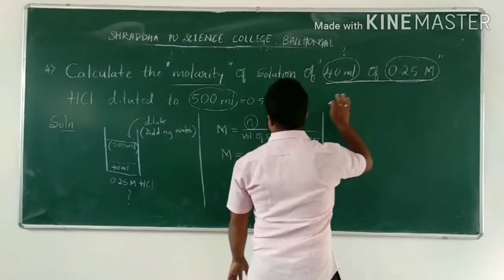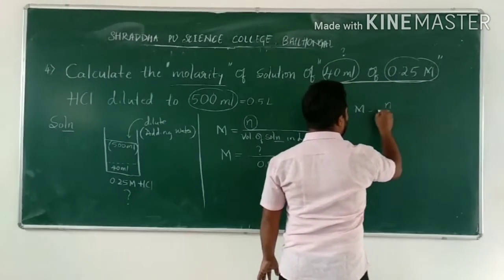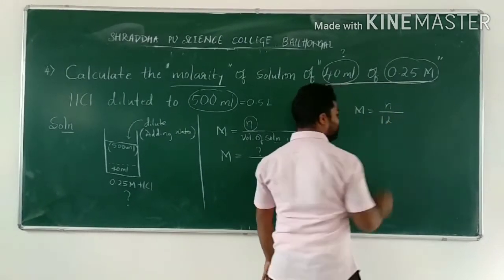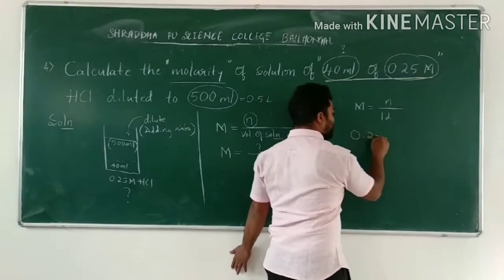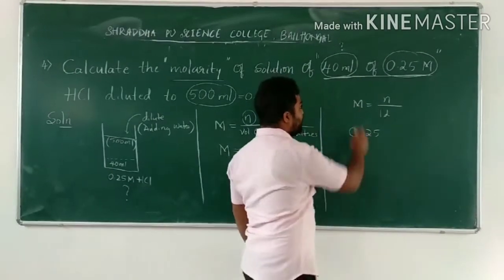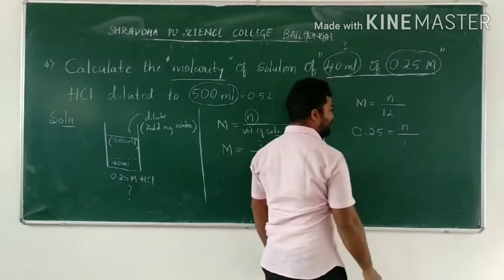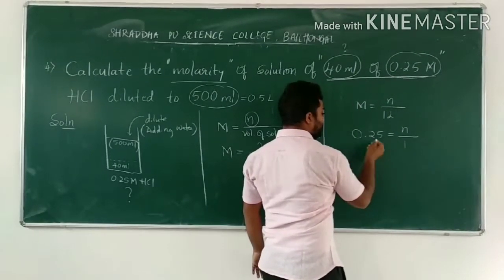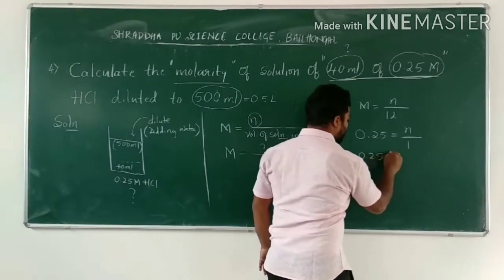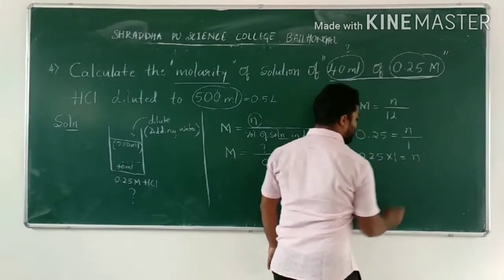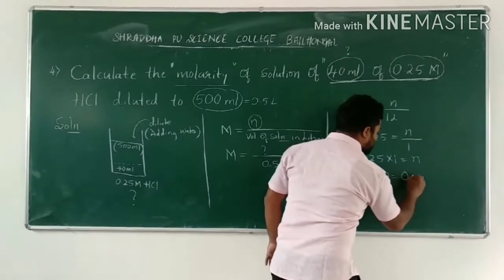Whenever you have molarity, what is the definition? M is equal to number of moles in 1 liter of solution. The molarity is already given as 0.25. So 0.25 is equal to n divided by 1, therefore n is equal to 0.25.